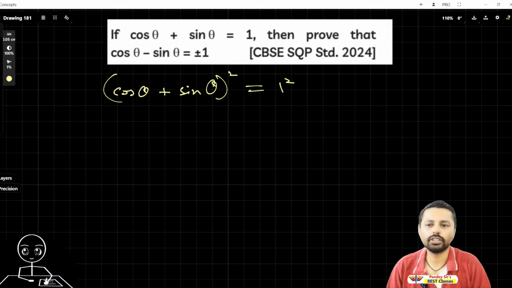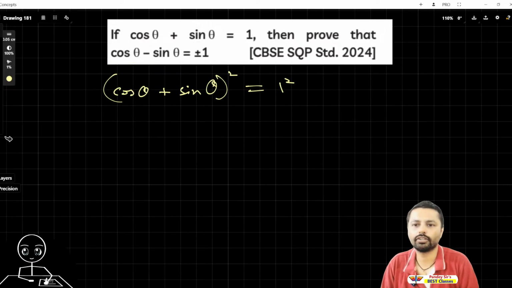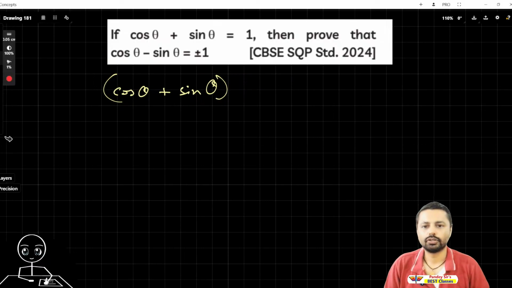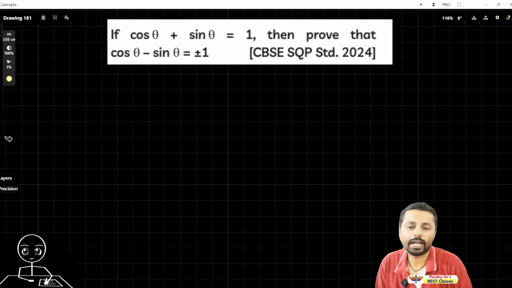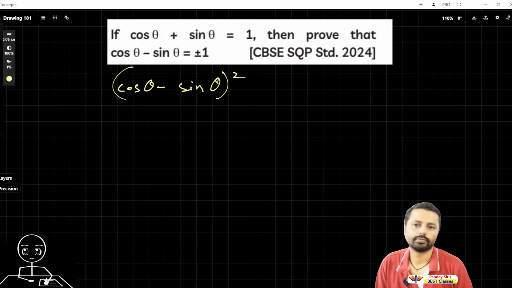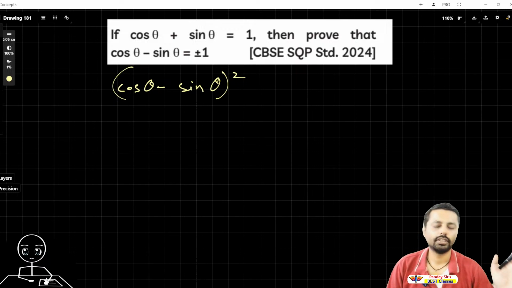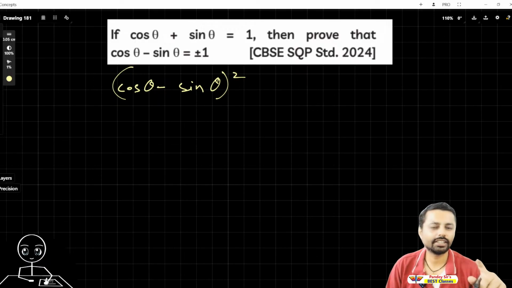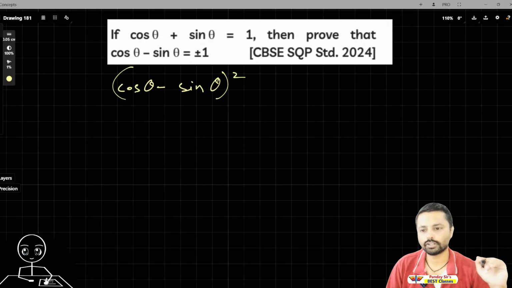But again we won't get cos theta minus sin theta, we are not getting that value if we square. So let's write cos theta minus sin theta whole square. Then one term will come, sin theta into cos theta, which won't solve it.